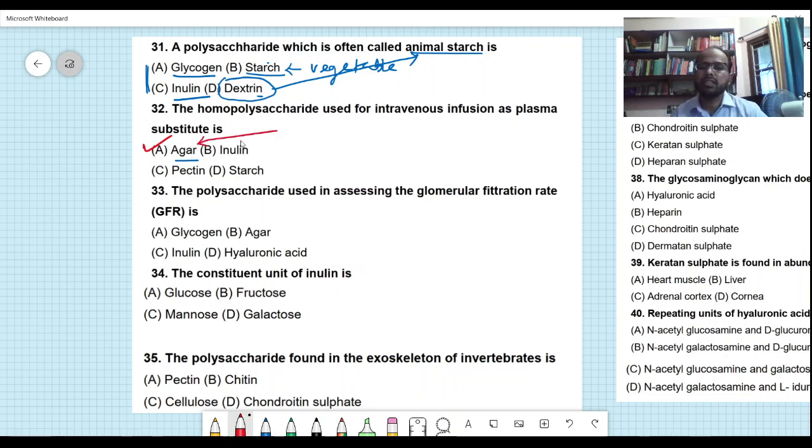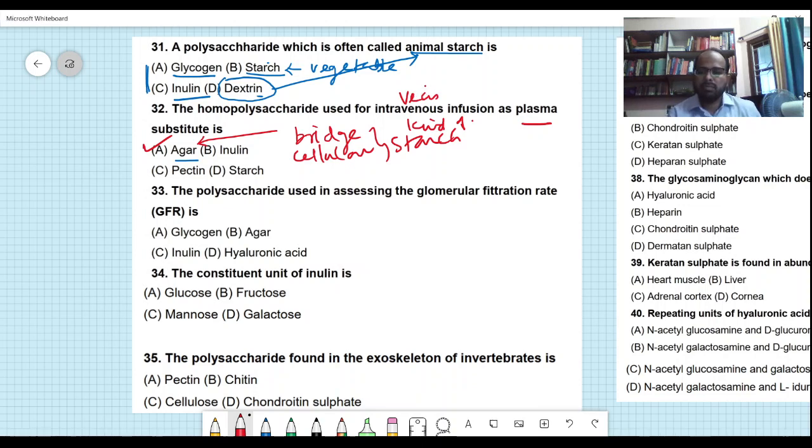You use this as a cellular bridge in cells. It is also a kind of starch-like substance. Plasma infusion means they have to give it within the body. Intravenous means within the vein. So this is also a general question.